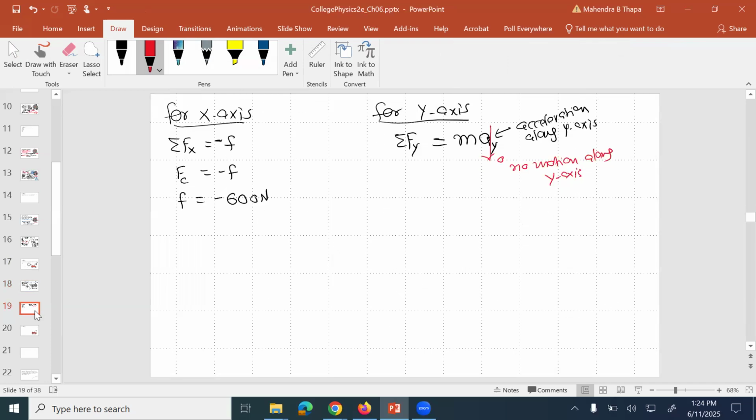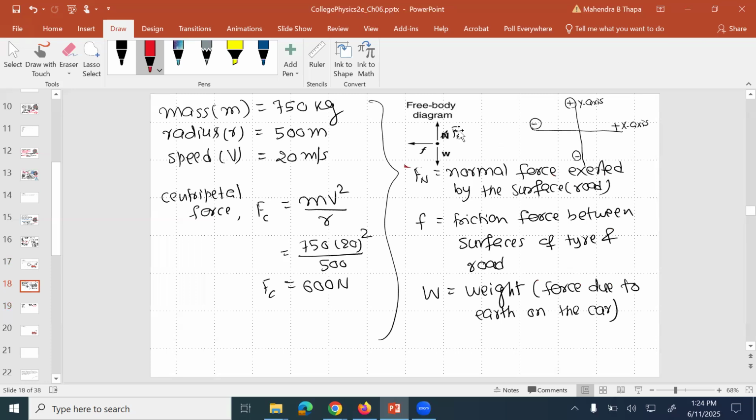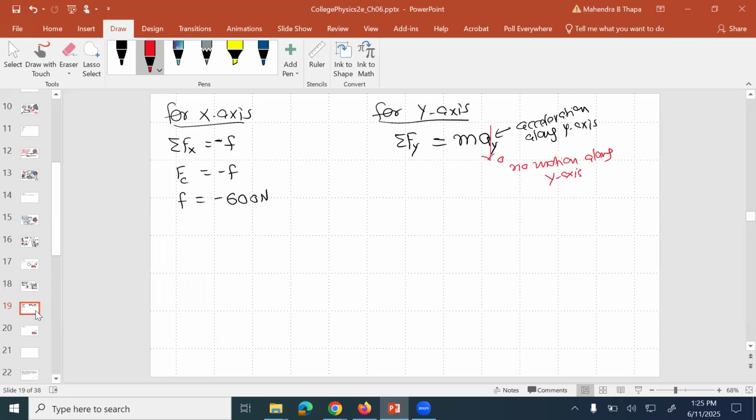So the net force in our case is Fn minus weight. Fn is positive along the positive y-axis, minus W equals m times 0, which is 0.